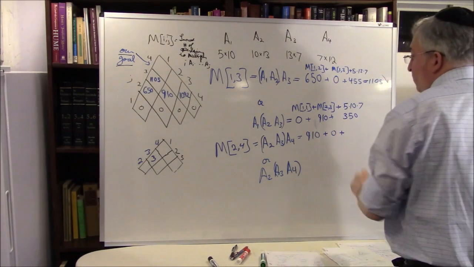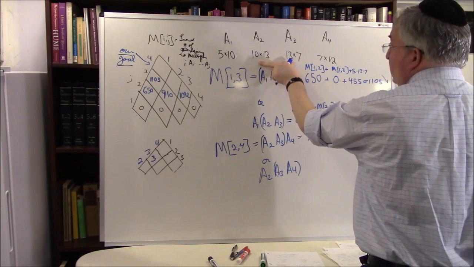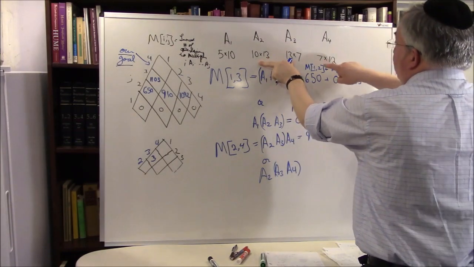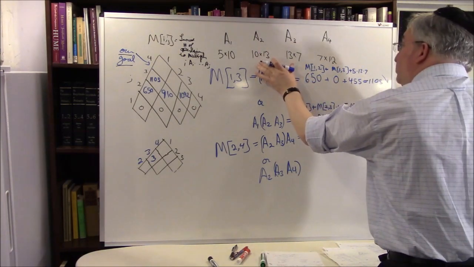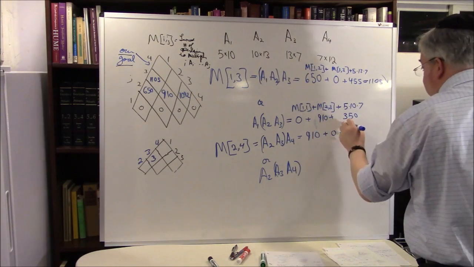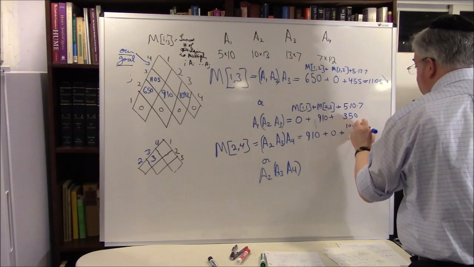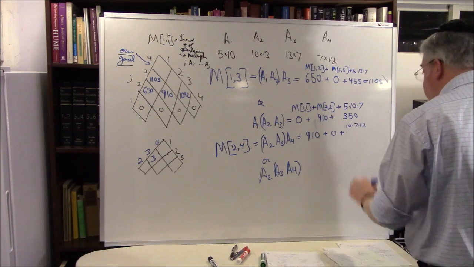Plus, let's see what else we have. Okay, you have 2, 3 is one matrix. That's a 10 by 7 matrix. And that's a 7 by 12 matrix. So how many operations does it take to multiply a 10 by 7 matrix and a 7 by 12 matrix? And that's 10 times 7 times 12. 10 times 7 times 12 is 1750.